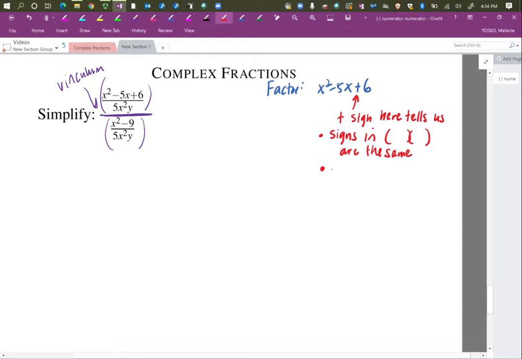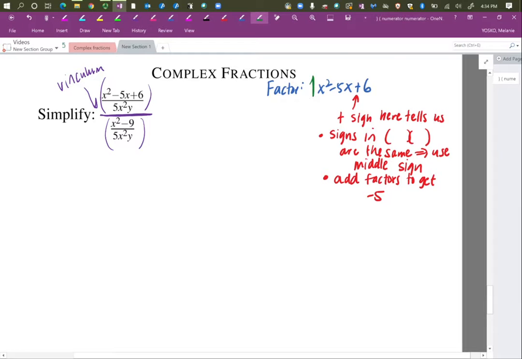It tells us not only are they the same, we're going to use the middle sign. That last sign, positive, also tells us that we are going to add factors to get negative 5. So let's look at the factors of 6.